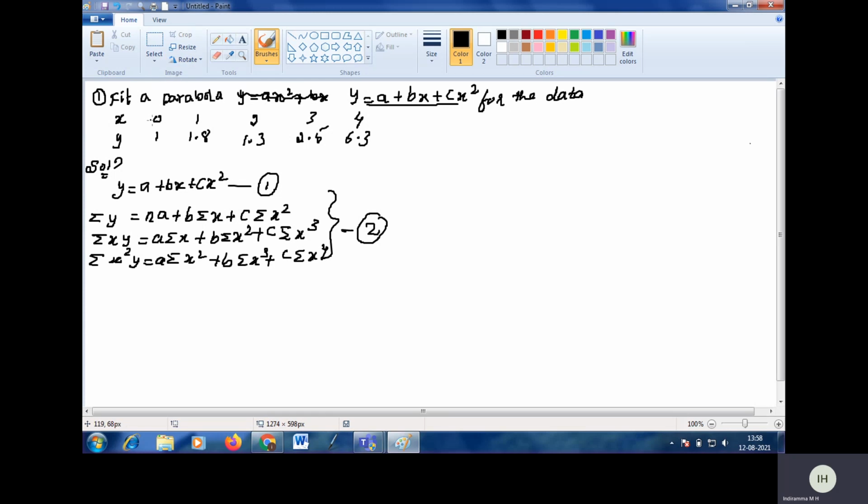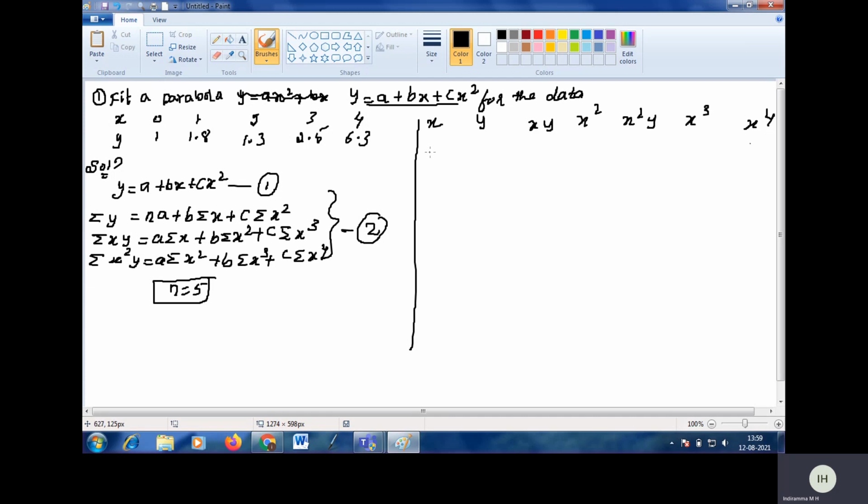So from this we can see the value for n. n is equal to 5. Next we have to find the summation values of the system of equations. For that we construct the table consisting of x, y, then xy, x square, x square y, x cube, and x to the power of 4 also required.